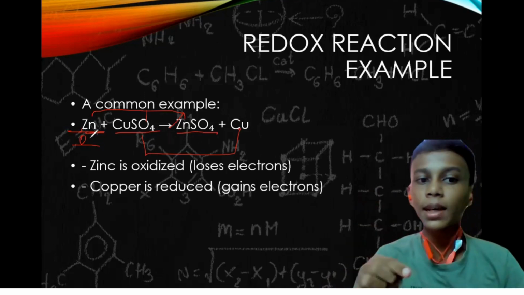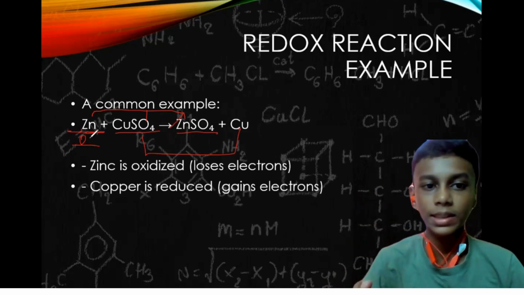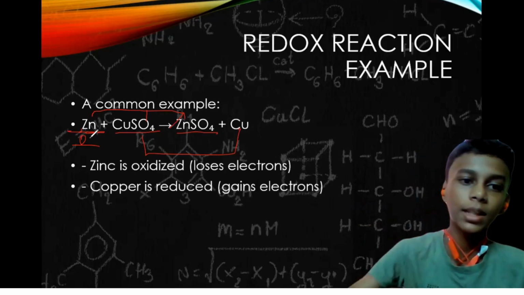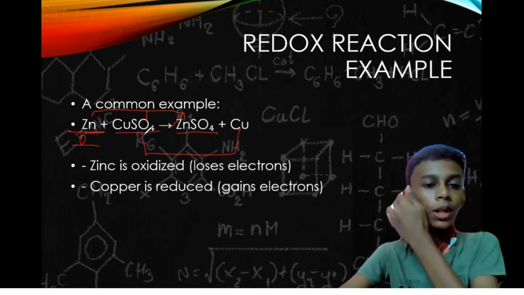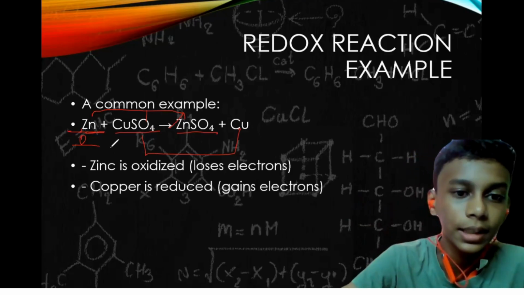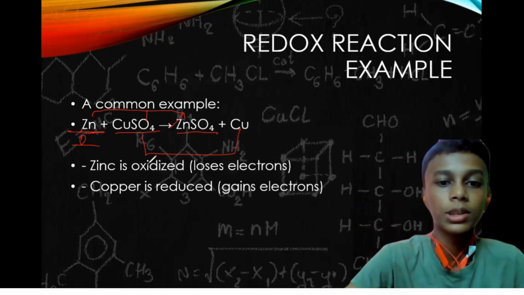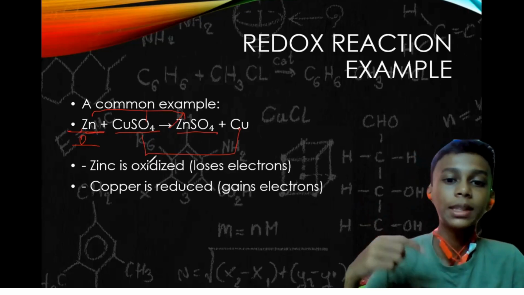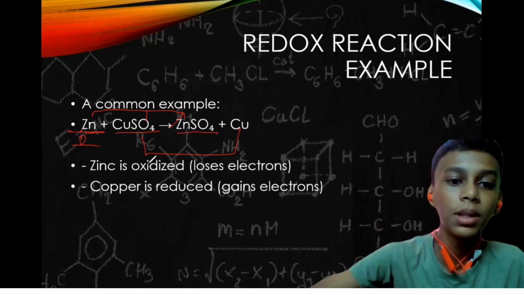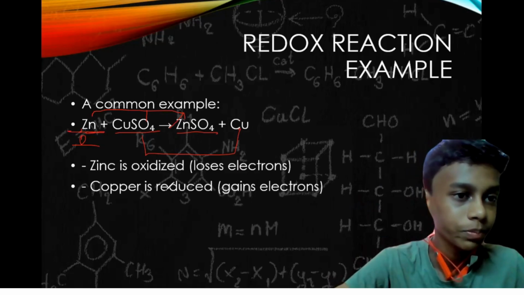When reduction is happening, the zinc will be the agent, and while the oxidation reaction is happening, it will become the reducing agent. Zinc is oxidized and copper is reduced. So zinc loses electrons and copper is gaining electrons.